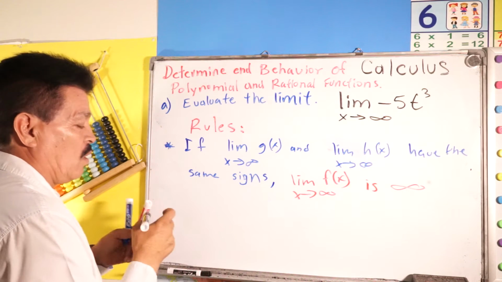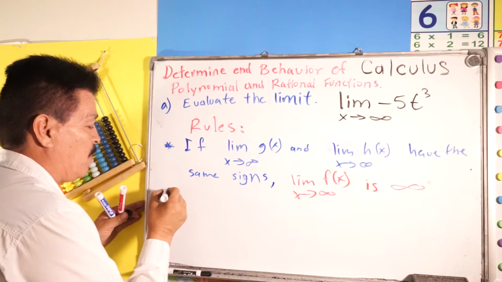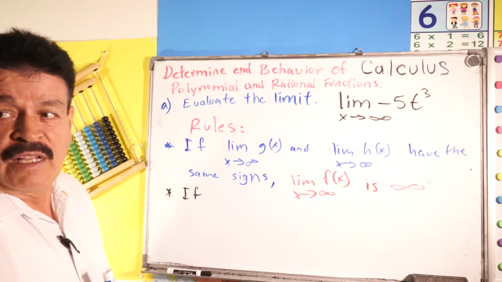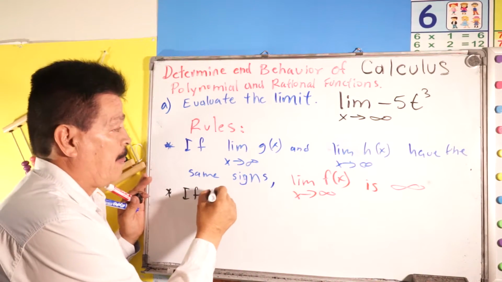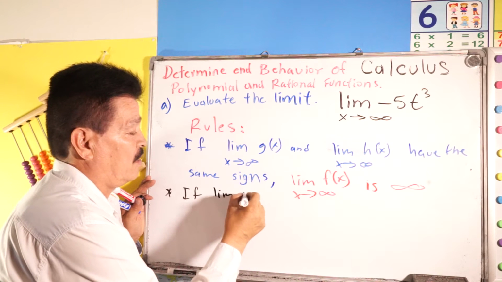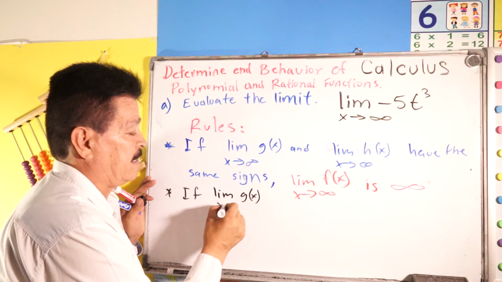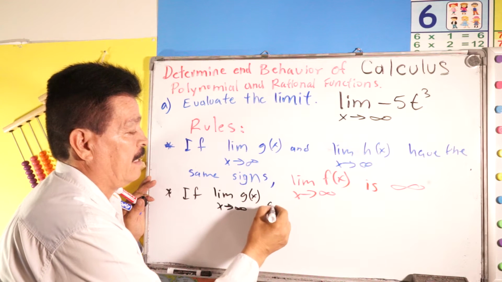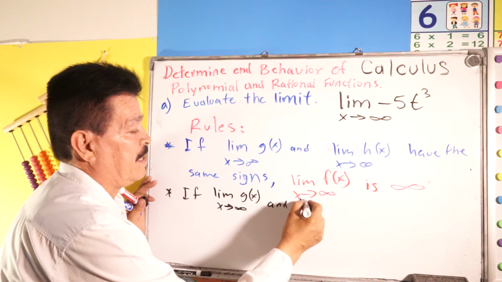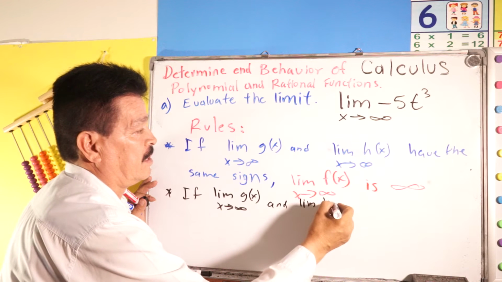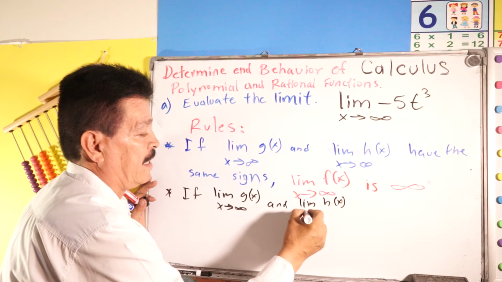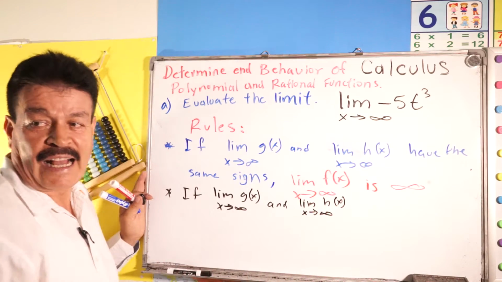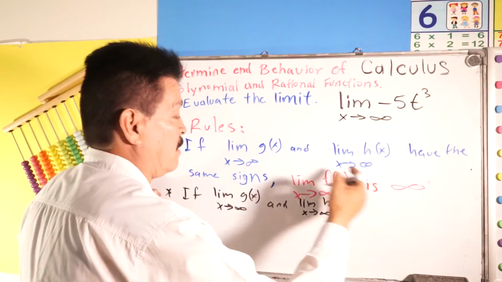The next rule, number 2, also very important: if the limit of g of x when x approaches infinity and the limit of h of x when x approaches infinity have opposite signs, then the limit of f of x when x approaches infinity is negative infinity.